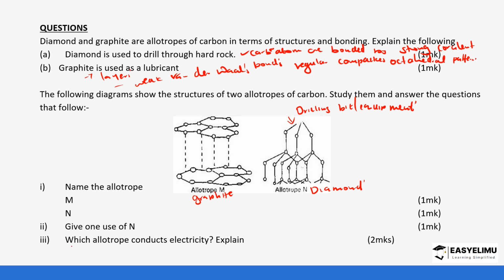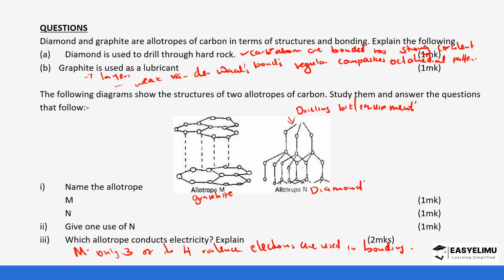We said it is allotrope M because only 3 of the 4 valence electrons are used in bonding. So there is one delocalized electron that is used to conduct electricity.